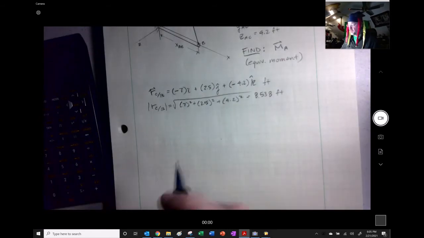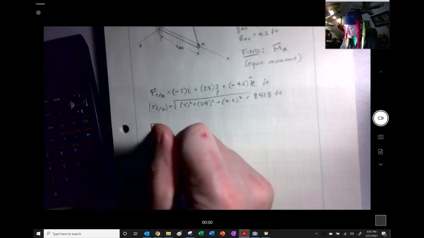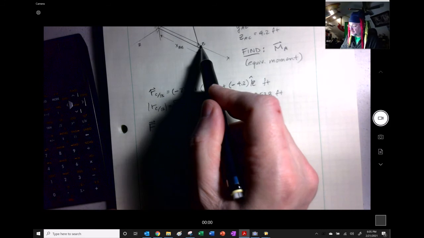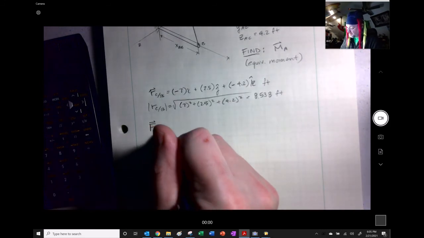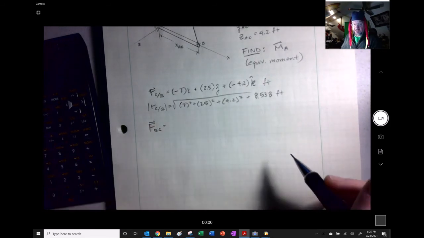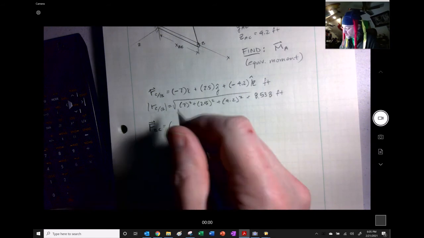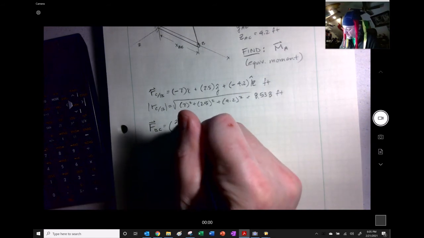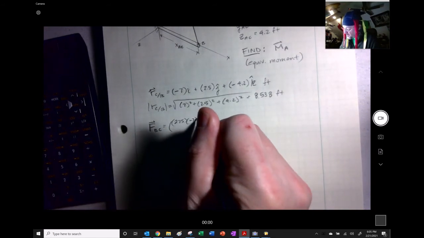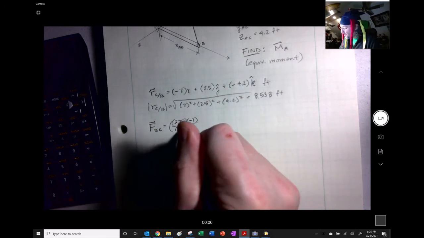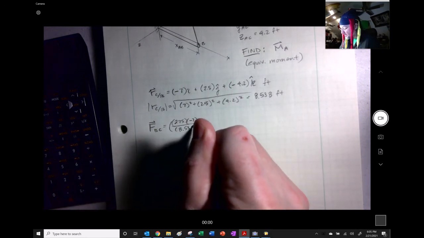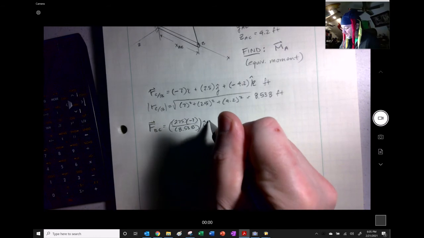So now, if we want to get this force at BC, great, that's the tension right there. We get 275 times our negative 7 divided by our 8.538, this is i.